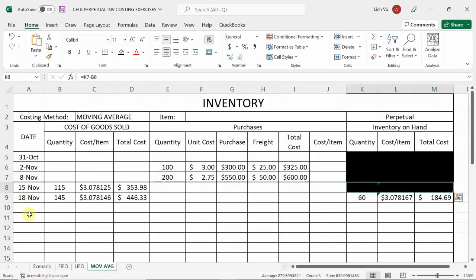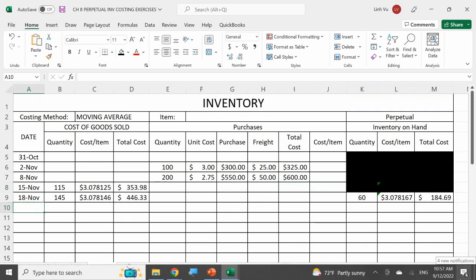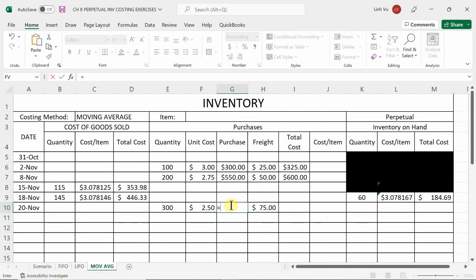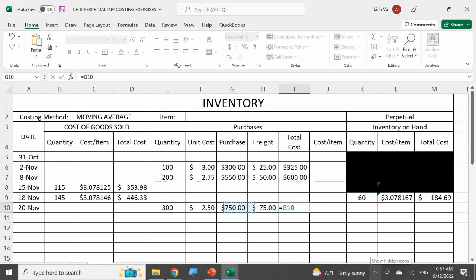So it's dropping in value. So purchase price? $750, and $825.